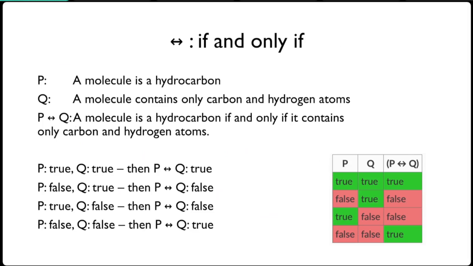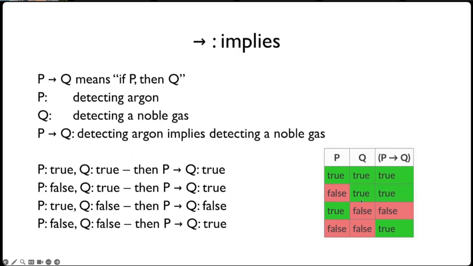It's different from the one directional implication because now, here, I'll jump back to the other one. Previously, if Q is true, that does not imply P is true; that can involve P being false.